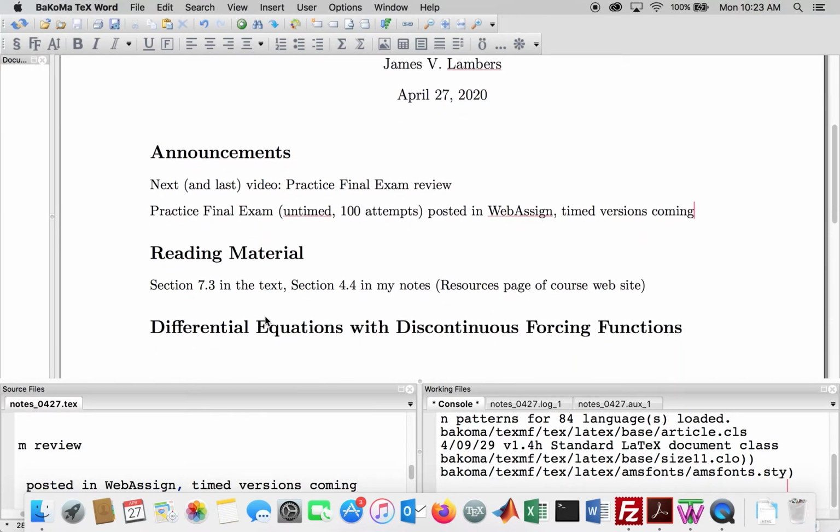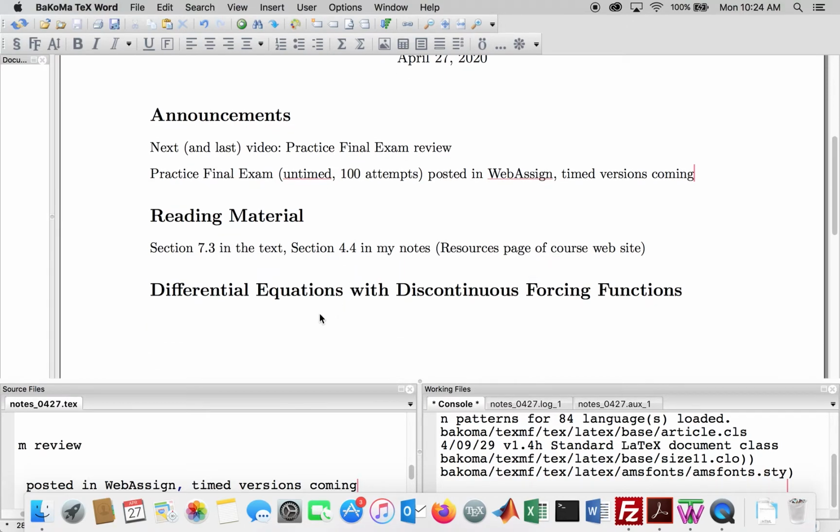As far as source material for today's lecture, we're continuing with 7.3 in the textbook, 4.4 in my notes, so what's at the very end of my notes. And what it's all about today is solving differential equations in which the right-hand side is a function that is piecewise defined, so it can have discontinuities.